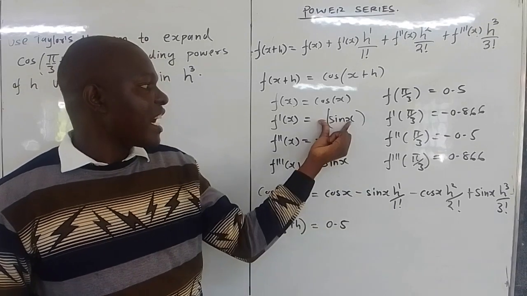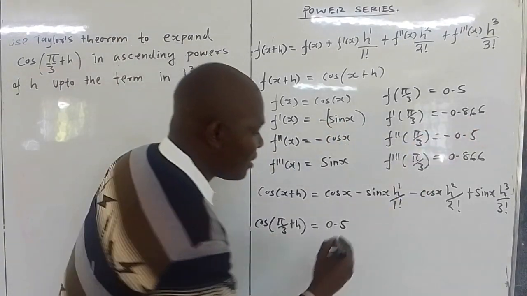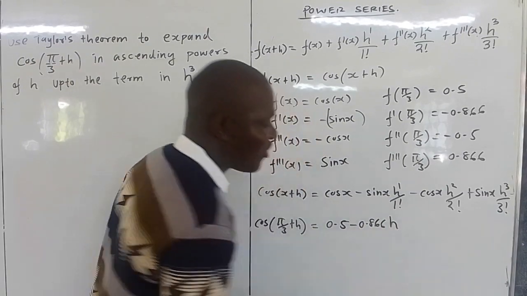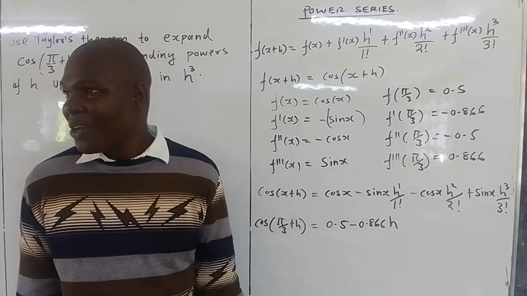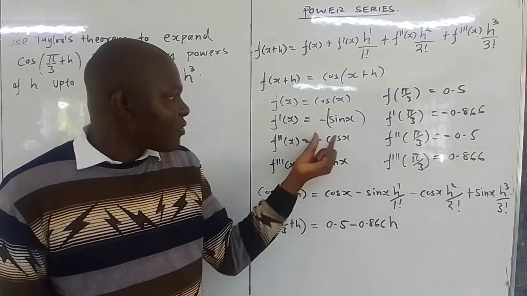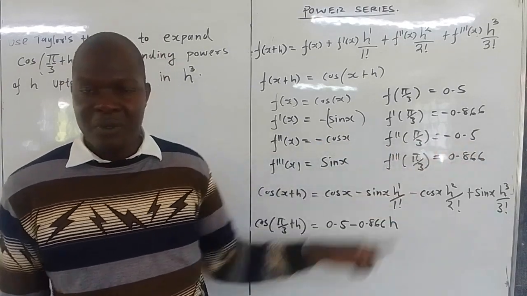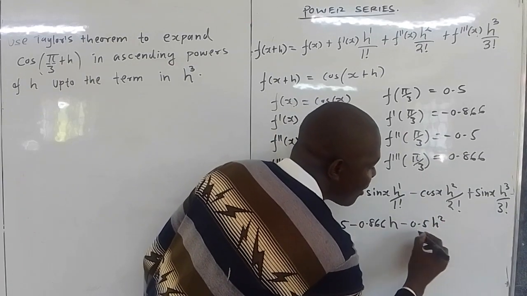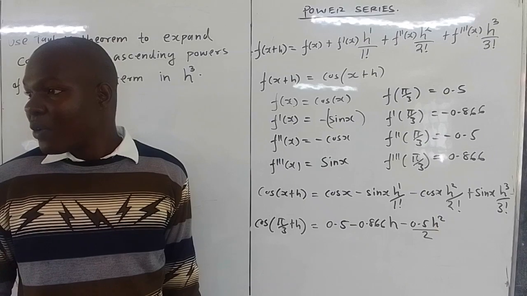What did you get negative sin x to be? Negative sin x you found to be negative 0.866. Then h raised to power 1 over 1 factorial is just h, isn't it? Then you move to the next one. What is negative cos x? This negative cos x you found to be negative 0.5. Then it is times h squared over 2 factorial. 2 factorial is just 2. Are we together?